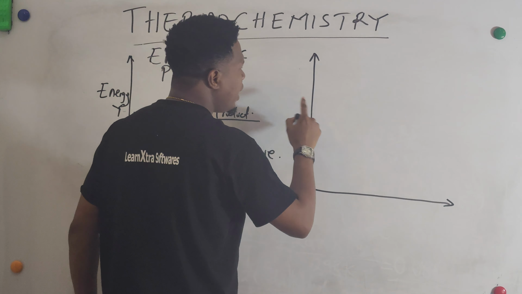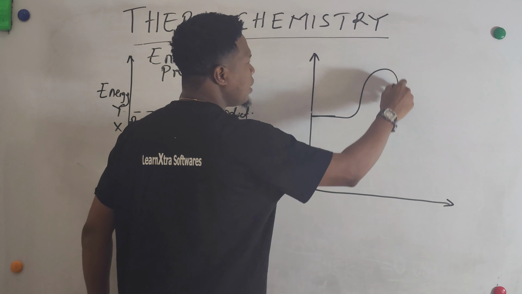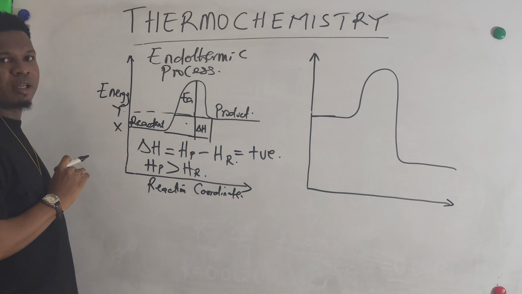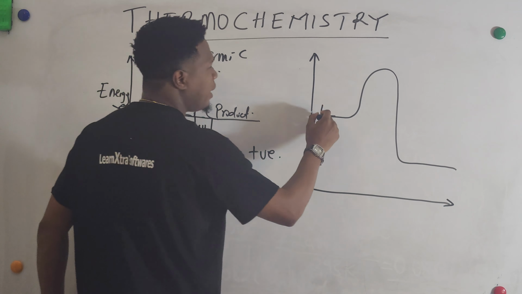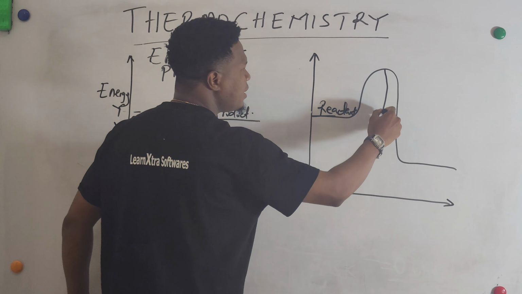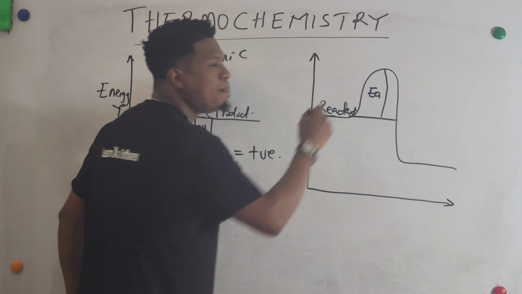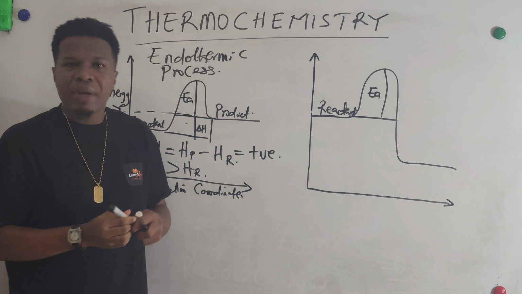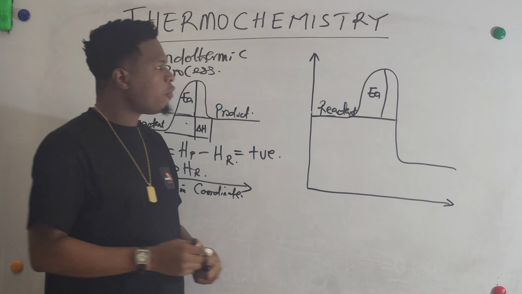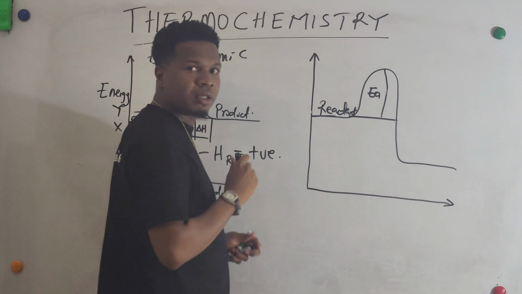But for exothermic, the product will be less, or the reactant will be greater. What I'm drawing here is the minimum energy you must overcome to transition to the product, the activation energy.